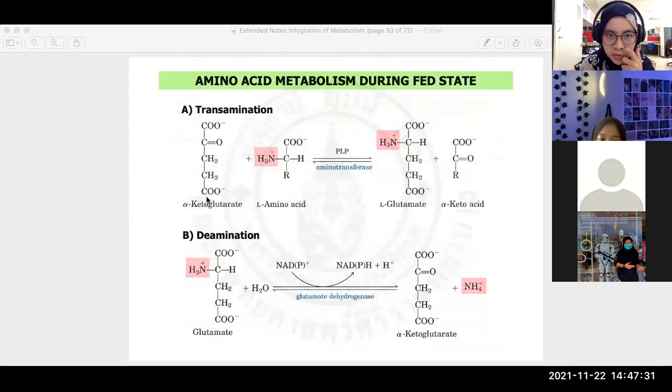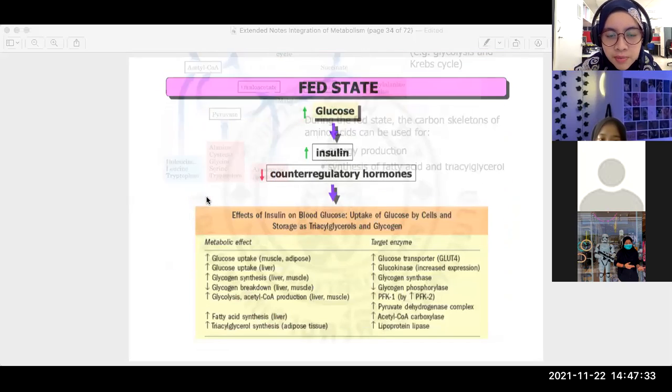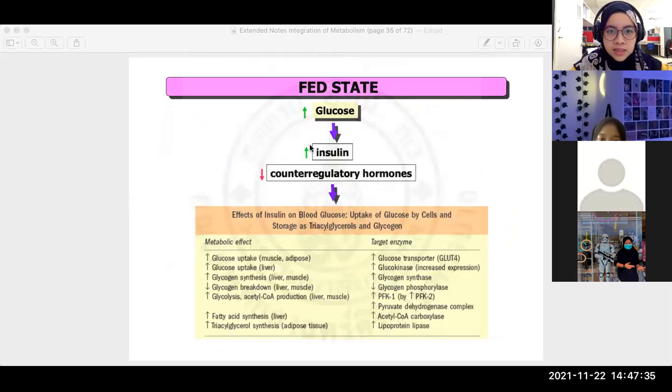Okay, I won't go through this one in detail. This is the process. Okay, so that's about it for fed state. So remember, fed state is when the glucose level is high in our bloodstream because we have consumed something. When the blood glucose level increases, insulin will be activated and released. This insulin will trigger the metabolic reactions of other things, for example, glycolysis, which will move into Krebs cycle.